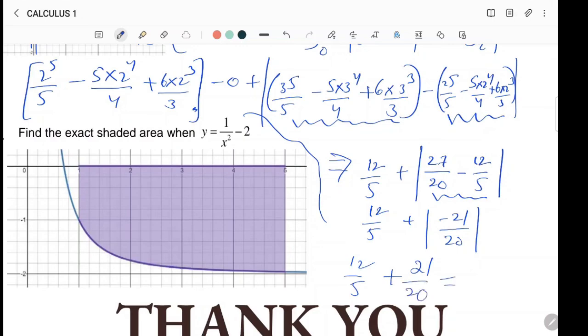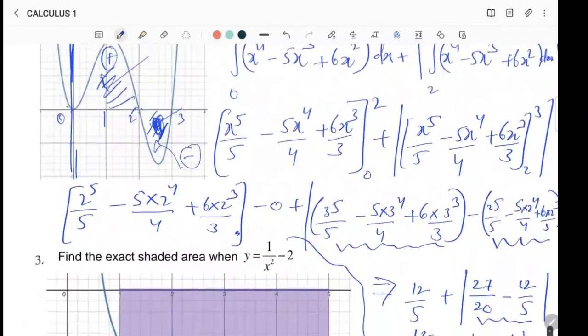And let's calculate that, which is 12 over 5 plus 21 over 20, which is 69 over 20. So we got this. So exact area we got.